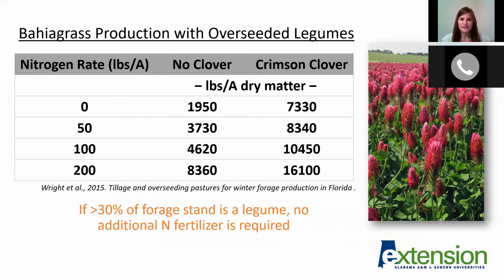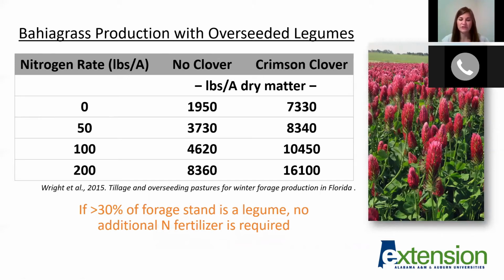I have here a graph showing the hay grass production in a field that was overseeded with legumes. I have data for crimson clover presented here, but the same study was also repeated for 2 other clovers. I believe it was subterranean clover and arrowleaf clover. And so you'll notice here we have different nitrogen rates in pounds per acre. So there's a nitrogen rate of 0, 50, 100, and 200 pounds per acre.